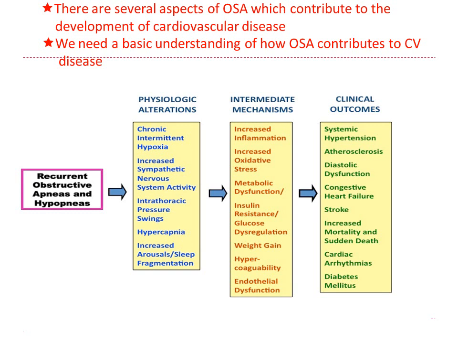All of those then contribute to systemic hypertension, atherosclerosis, diastolic dysfunction or left heart dysfunction, congestive heart failure, stroke, increased mortality and sudden death, cardiac arrhythmias, and diabetes. Let's go on to our next slide.